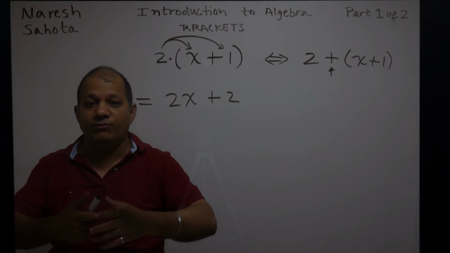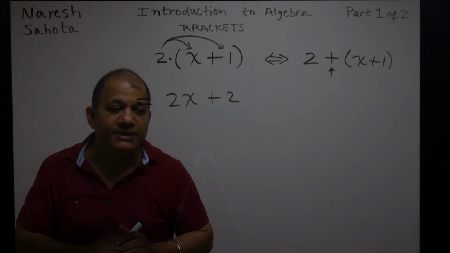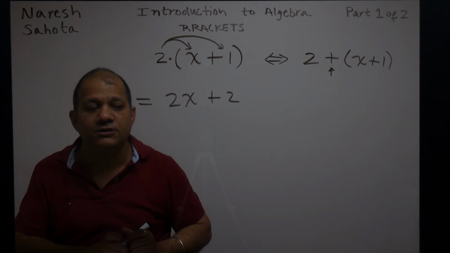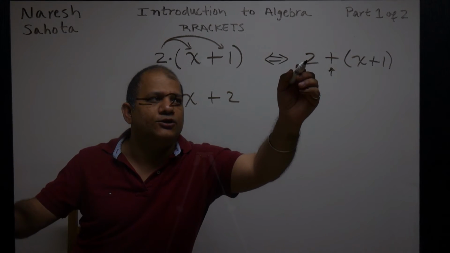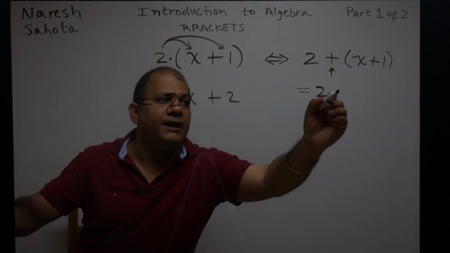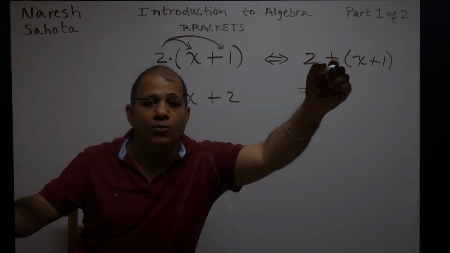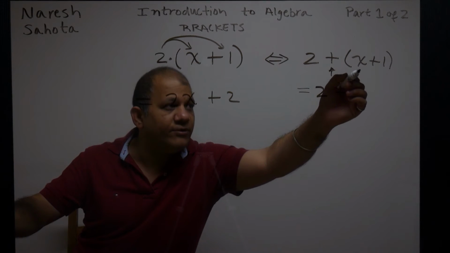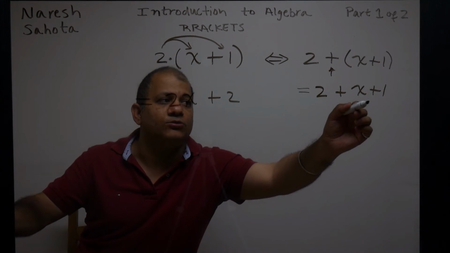So when we remove brackets, we're going to get different answers because they are two different questions. Let's simplify this. 2 remains 2, and when I remove these brackets, I'm multiplying by 1, so whatever is inside comes out and remains the same, x plus 1.